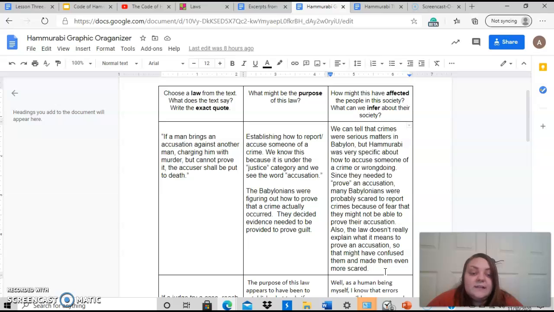So since they needed this proof, I infer that many Babylonians were probably scared to report crimes because of fear that they might not be able to prove the accusation. And also, the law doesn't really specify how they can prove the accusation, like what proof would be sufficient evidence. So I can infer that might have left them confused and maybe even more scared to accuse someone.